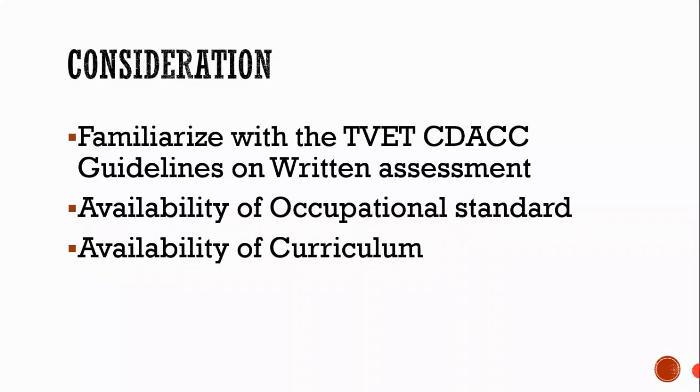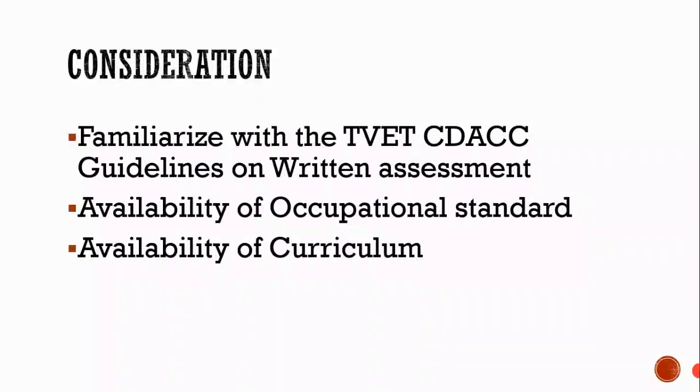You realize that you need to understand the scope of what performance criteria needs. So it's always good when you look at your occupational standard to also refer to the curriculum so that you understand the scope of where you need to assess at any particular point.